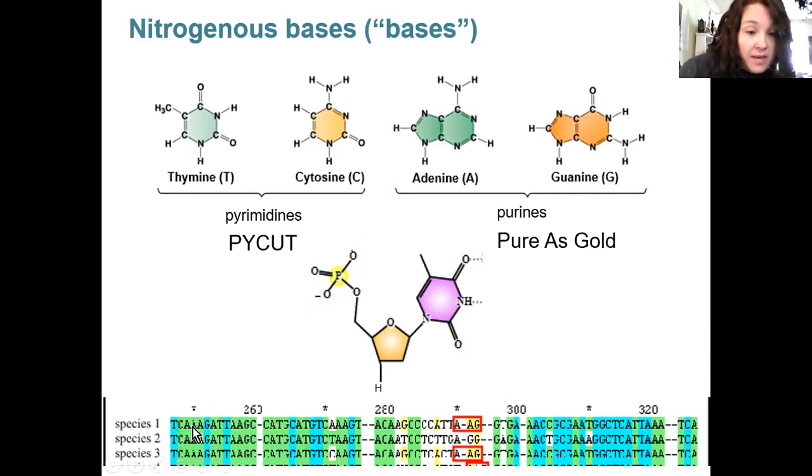Each three nitrogenous bases is called a codon because it codes for a specific amino acid. TCA calls for one amino acid, AAG, another amino acid, ATT, another amino acid, and so on and so forth.